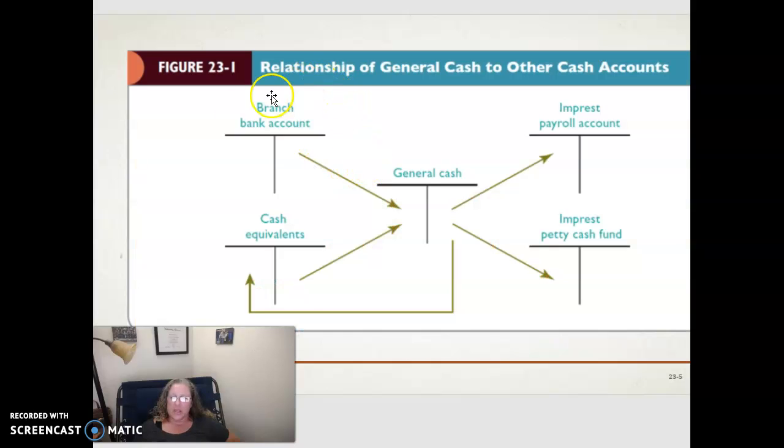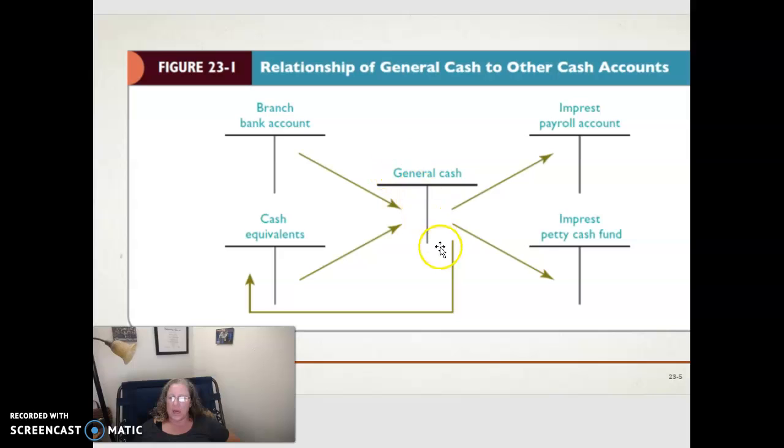This next slide shows the relationship of general cash to other cash accounts. You see the T account here in the middle for general cash. It is connected to the imprest payroll T account, the imprest petty cash fund, cash equivalents, which is anything that can be converted to cash in 90 days or less, and branch bank accounts.